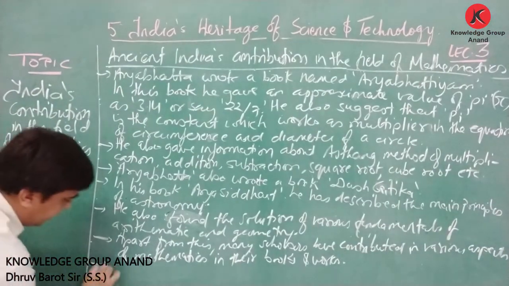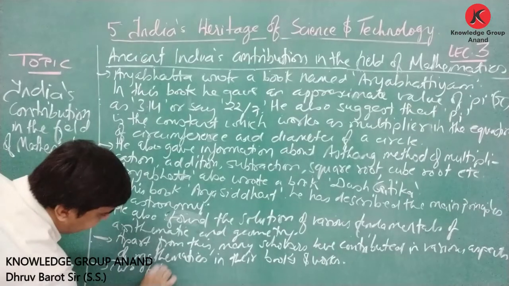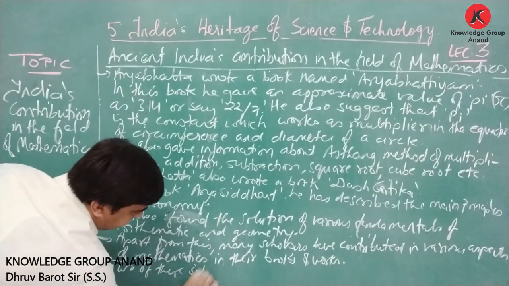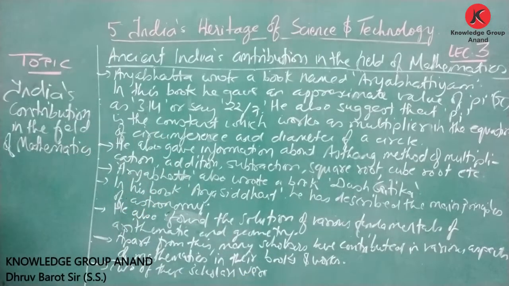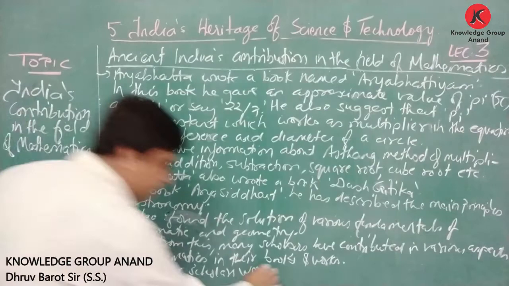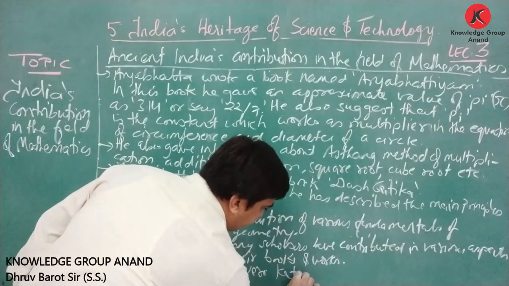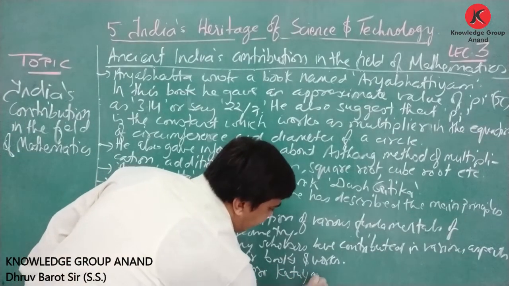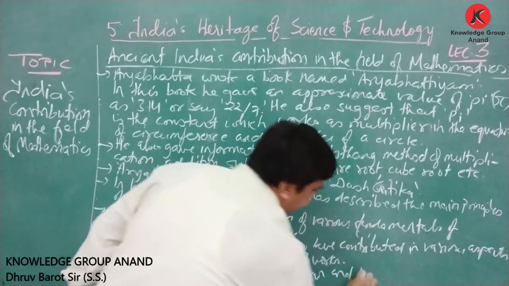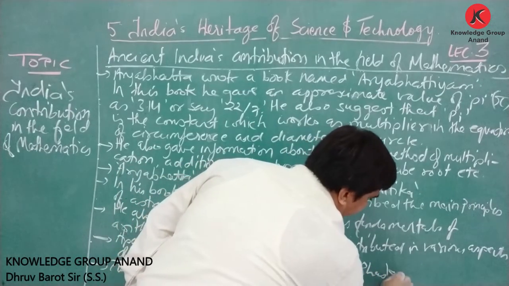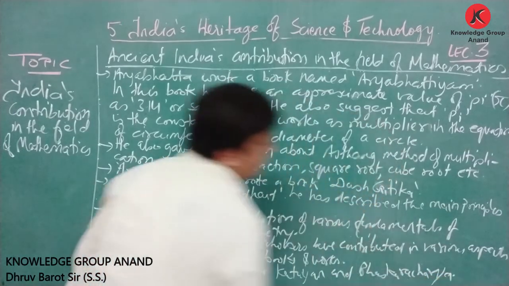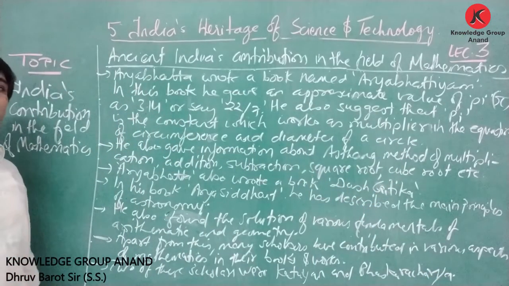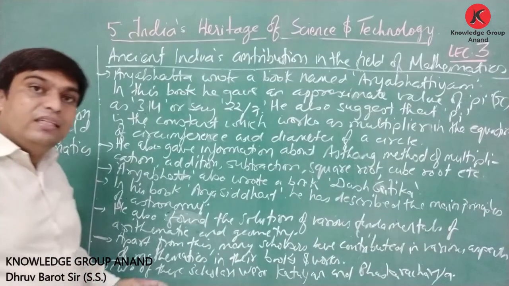Two of these scholars were Katayan and Bhaskar Acharya. Katayan and Bhaskar Acharya were the two great mathematician scholars.